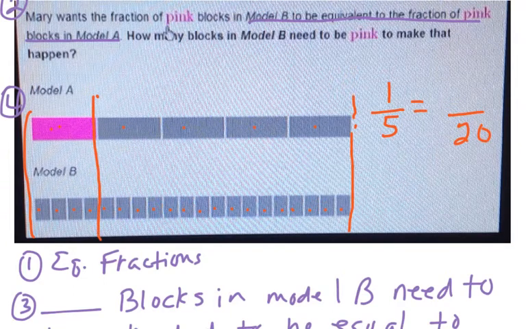And I look at that: for every one of the 5 parts in model A, there are 4 parts in model B. So here I'm going to put a 4, because for every one of these you have 4 of these. So you know that this one part is a fourth of this part.